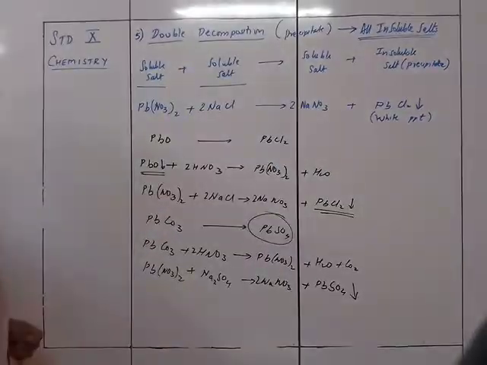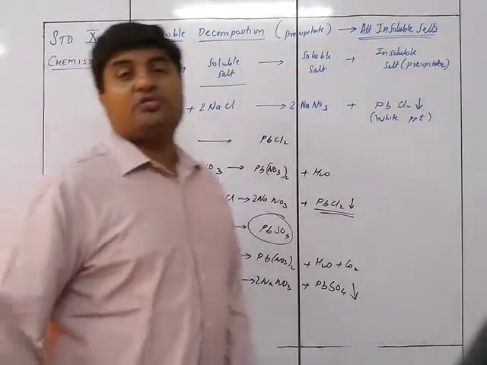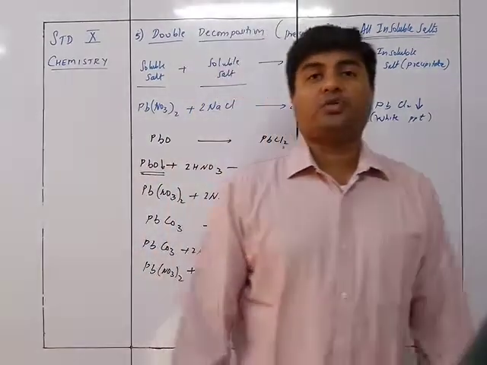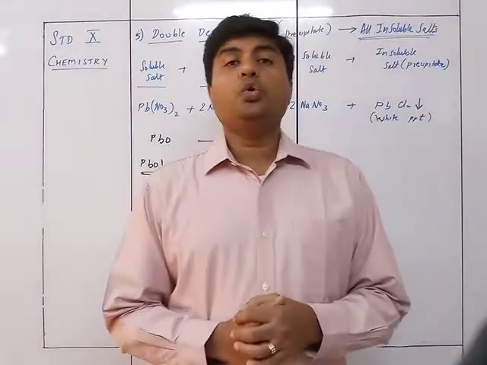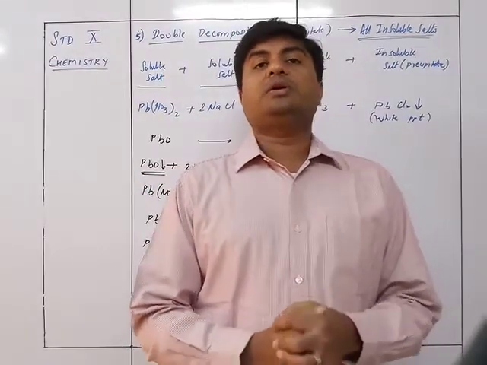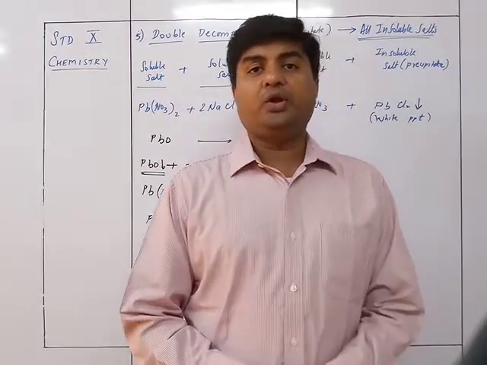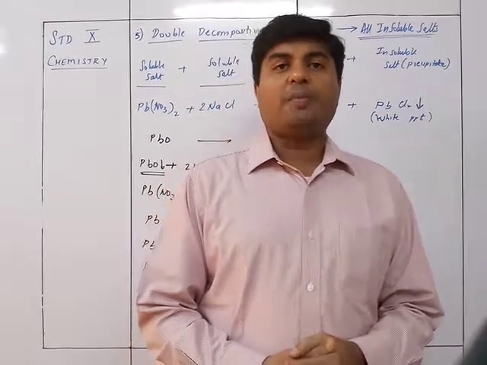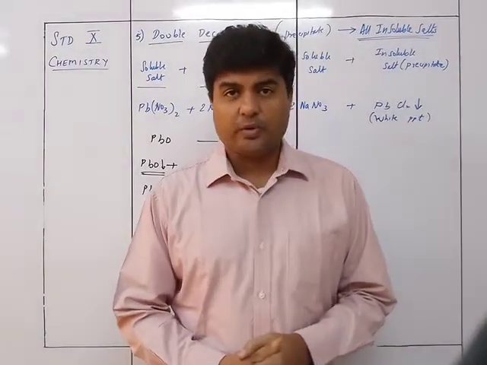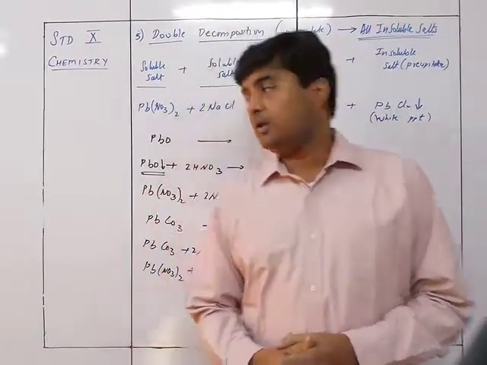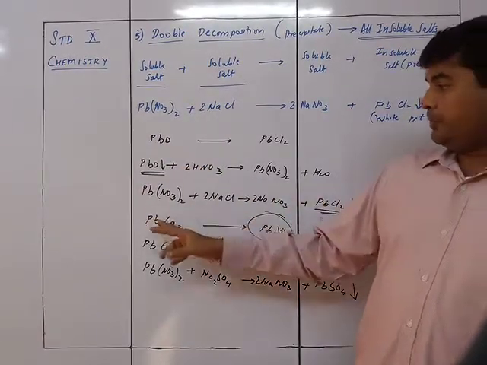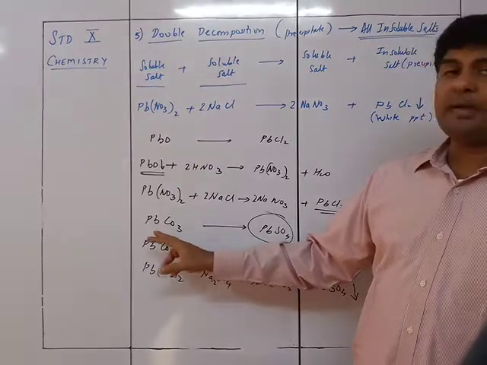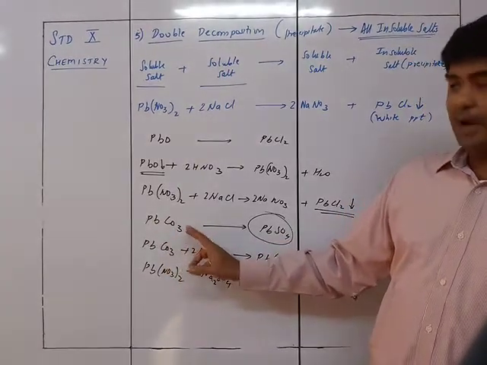We can also produce insoluble salts from another insoluble salt. For that it's a two-step method, wherein you first convert the salt given to you into a soluble salt by adding acid to it, because you know that PbO plus acid will give you salt plus water, or PbCO3 plus acid is going to give me salt plus water plus carbon dioxide.